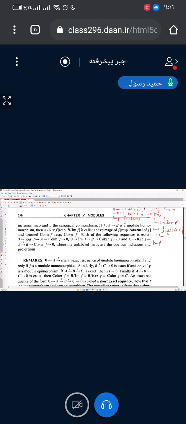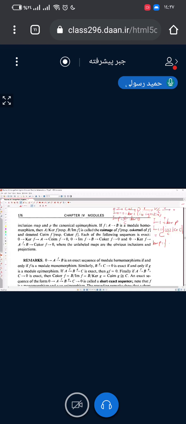On the other hand, the kernel of P equals the set of all d in D such that P of d equals 0.